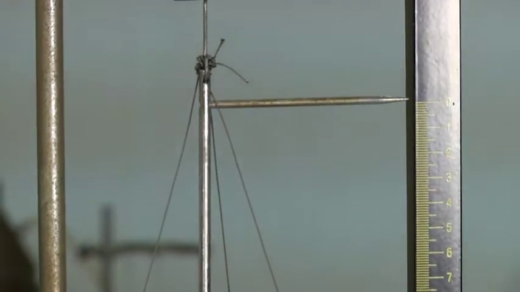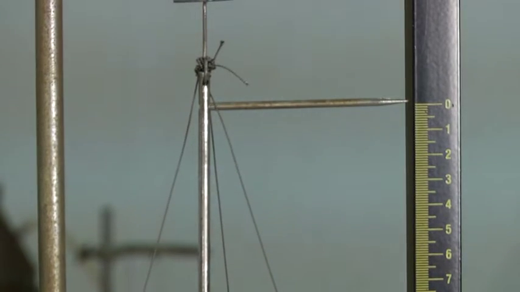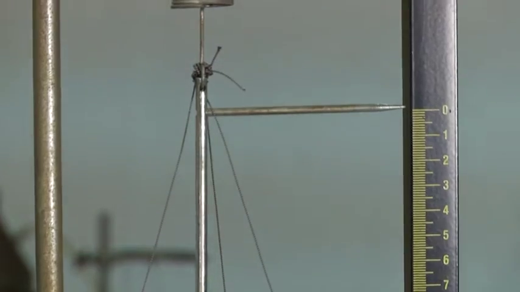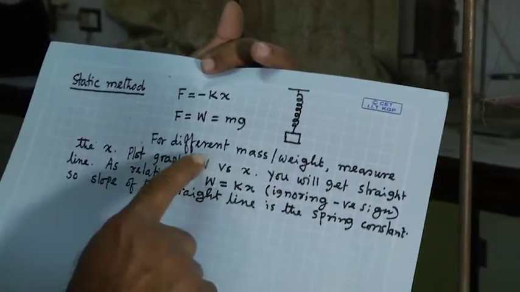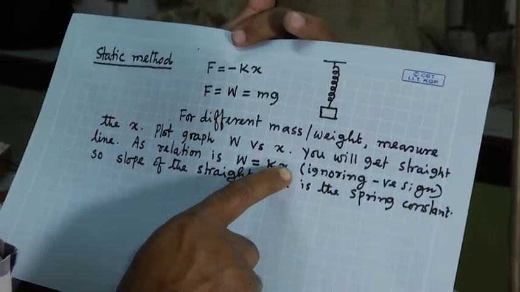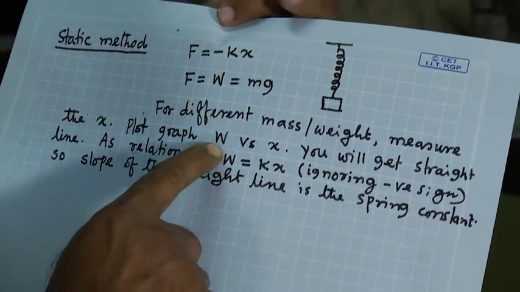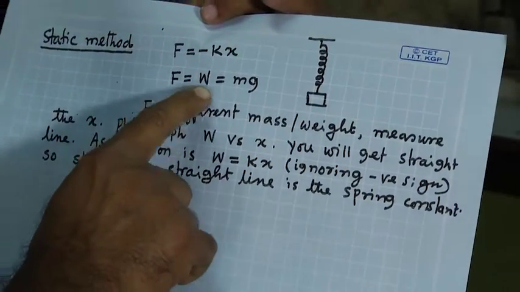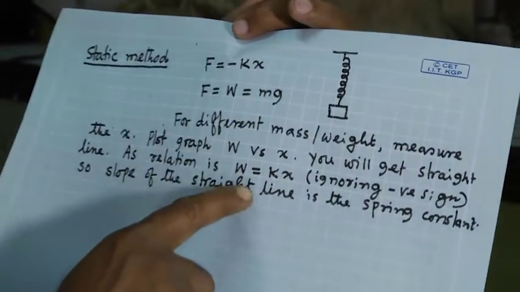Then you can plot the graph of W or mg versus x, and it will be a straight line, and the slope of the straight line will be the constant k.